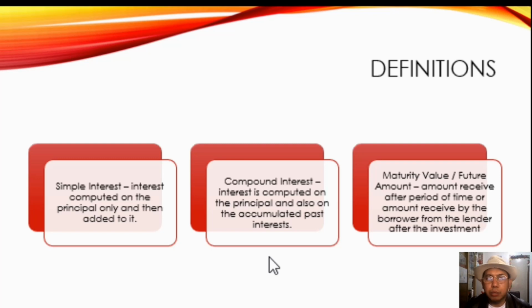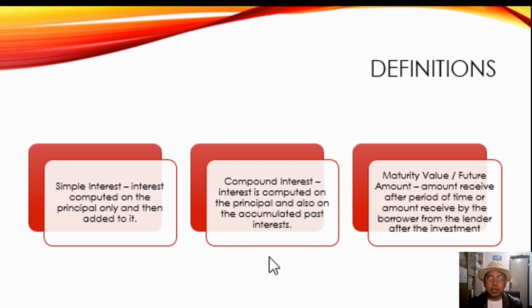Now, what about if we go back with the first kind of interest, simple interest? We have the same problem that you loan 1,000 pesos payable in 2 years. The lending institution will charge you 10%. So that is to be paid after 2 years.